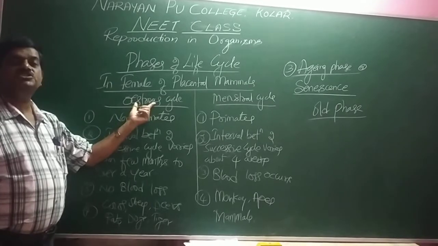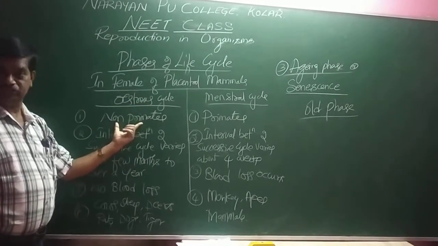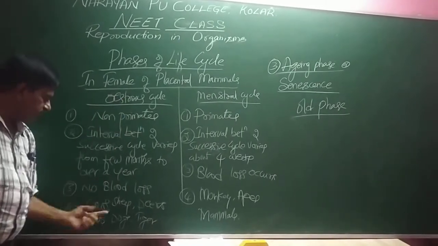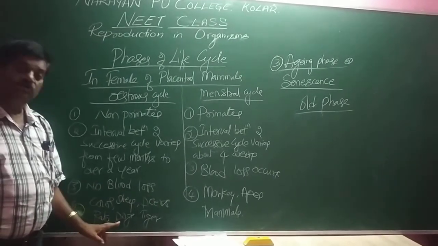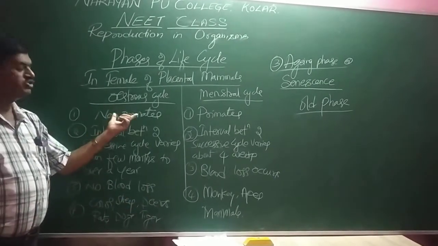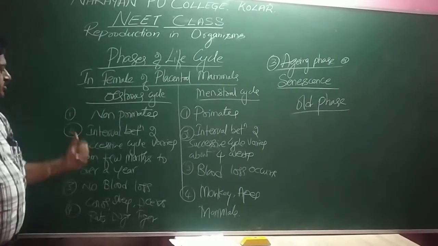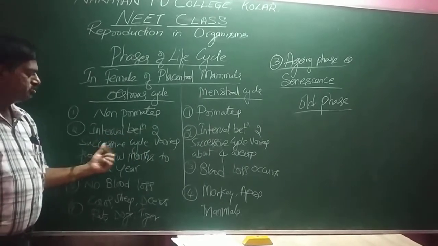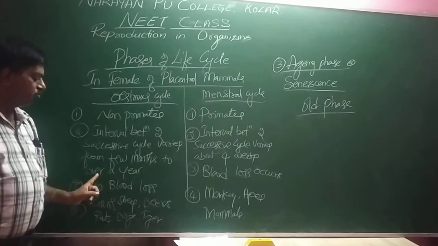The oestrus cycle always takes place in non-primates. Non-primates are cows, sheep, deer, rats, dogs, tigers, all of these. In non-primates, the interval between two successive cycles varies from a few months to over a year.